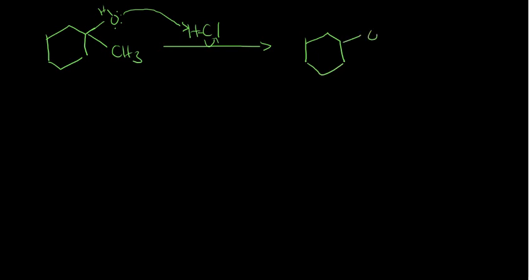This is water, formed water, plus a chloride ion. So what will happen? The water is now a good leaving group. Once it leaves, mind you, the acid was just a catalyst.